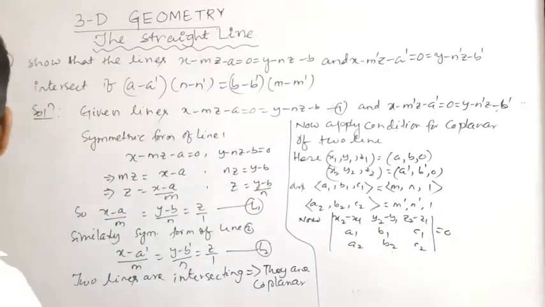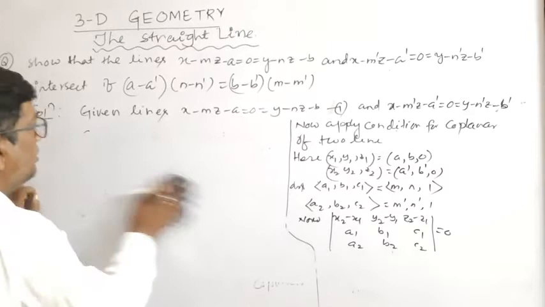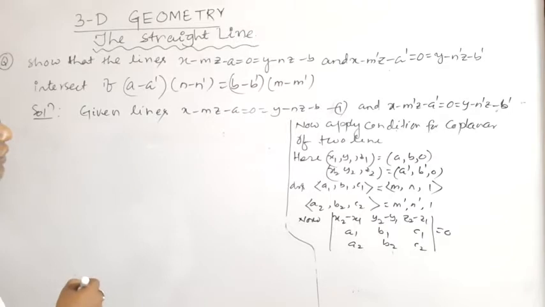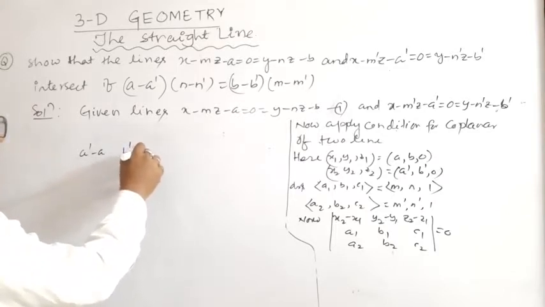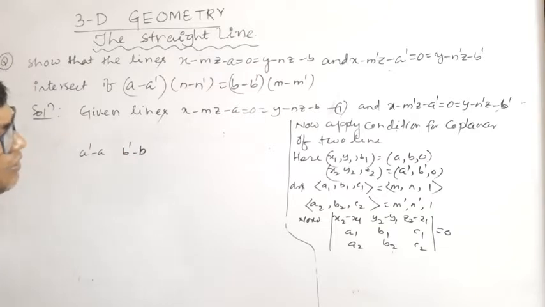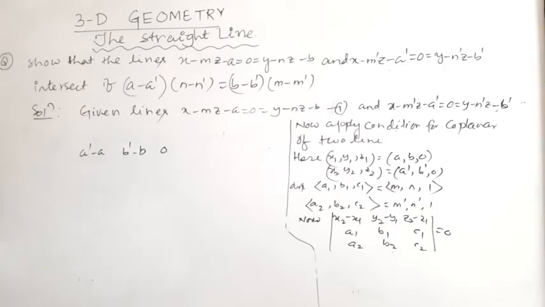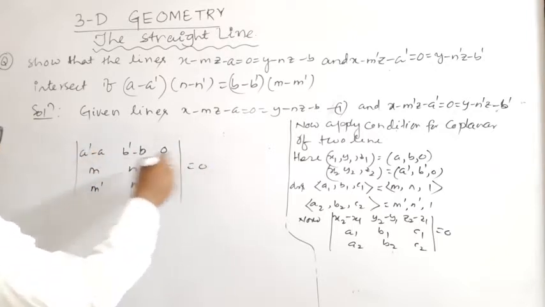So, putting this value we get a dash minus a, b dash minus b, z2 minus z1 which is 0 minus 0, so 0, and a1, b1, c1 is m, n, 1, and m dash, n dash, 1. Now, expanding this is equal to 0.